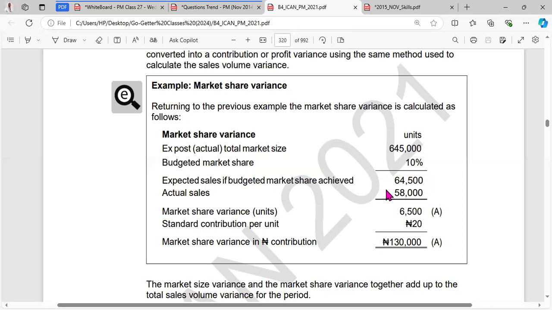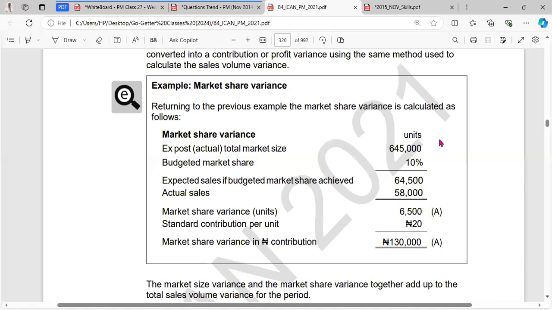But how much did we make? 58,000. So this 58 should have been up, 64,500 down. So it means there's a 6,500 adverse, making it 130,000 naira adverse contribution.